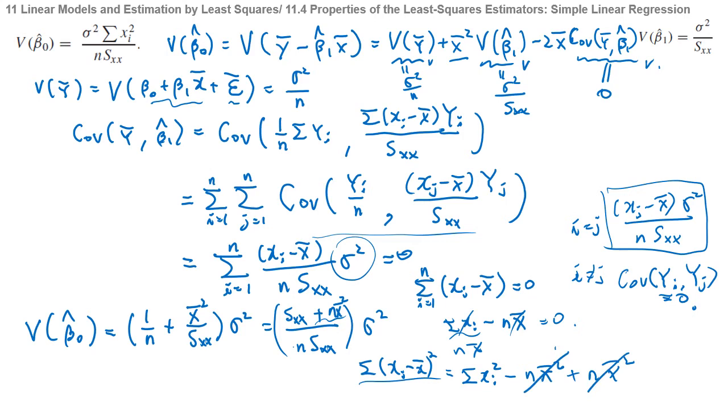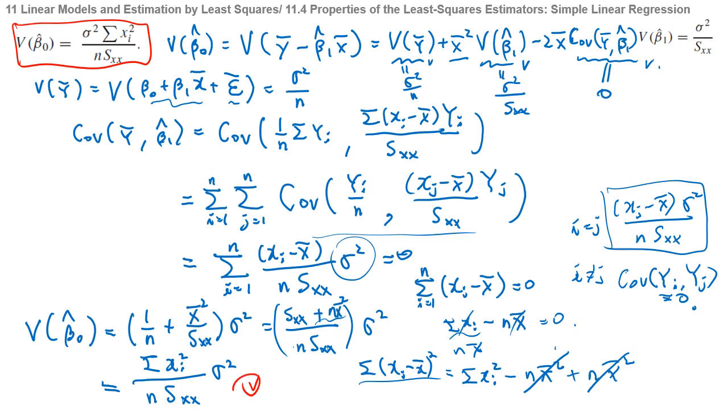So this becomes the sum of xi squared divided by n Sxx, times sigma square. Okay, so this derivation gives this result. So this is the proof for the variance of beta 0 hat.